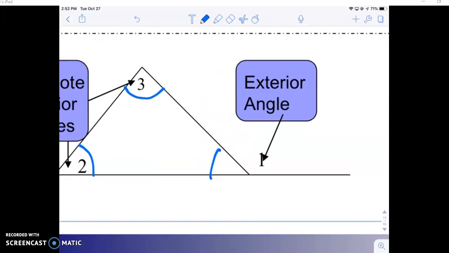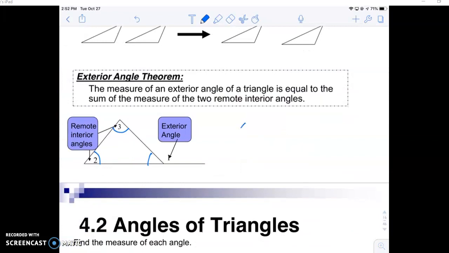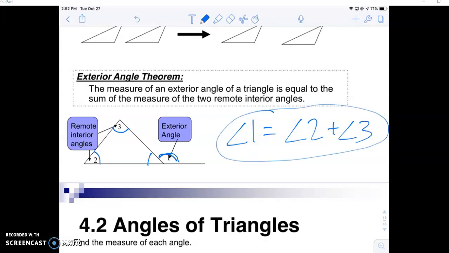So I'm just going to say angle 1, or this angle right here, equals angle 2 plus angle 3, according to this figure here. Remote interior just means the interior angles that are opposite of that exterior angle we're given. So that's what the exterior angle theorem is.